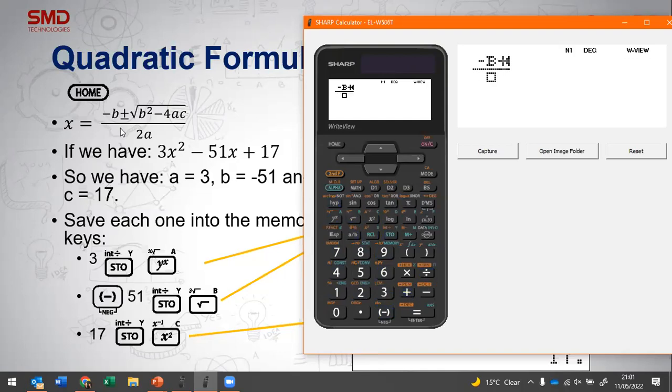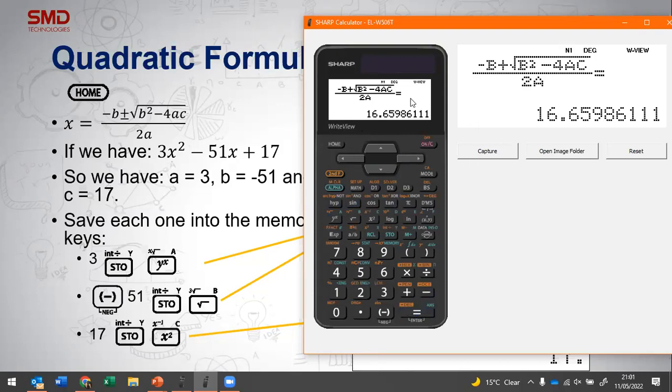Plus or minus, obviously we can't do a plus or minus on the calculator, so you can either start with plus or with minus, that's up to you. And then square root, and then we have alpha b squared minus 4 alpha a and alpha c over 2 and then alpha a as well. Okay, so that's our quadratic formula typed into the calculator.